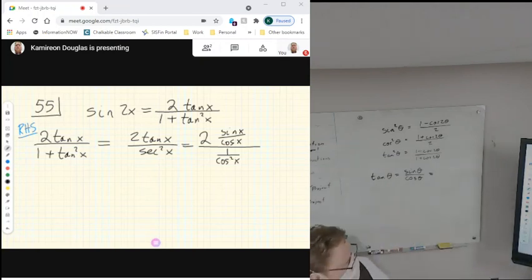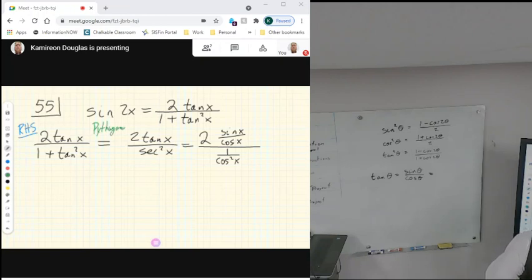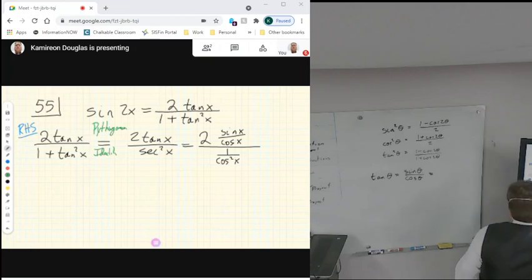That's looking pretty good. I noticed that I have something on top and on bottom in the same position, so I can see something eventually going to cancel. But I'm actually going to go ahead and do KFC at this point. The first thing we did was use a Pythagorean identity, and then here we convert.